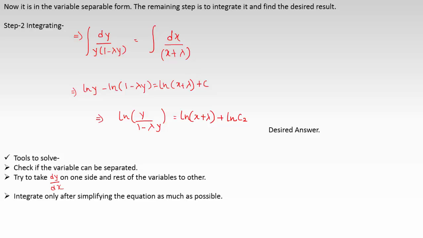When we are proceeding on the right path, we'll observe that all the y variables will come in the numerator or the denominator, and vice versa for the x variable. That is how we conclude that it is a variable separable form. Then it is just basic integration after simplifying the equation as much as possible to make the integration very simple. That is very important in order to solve a differential equation by integration.